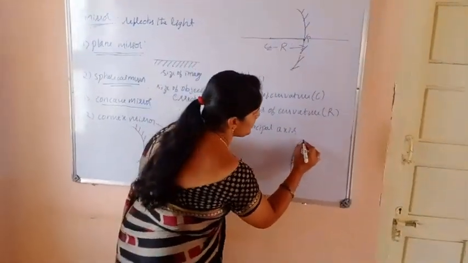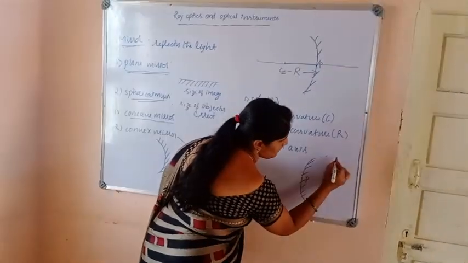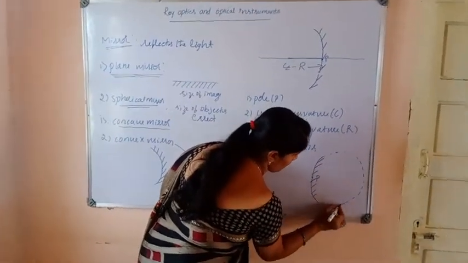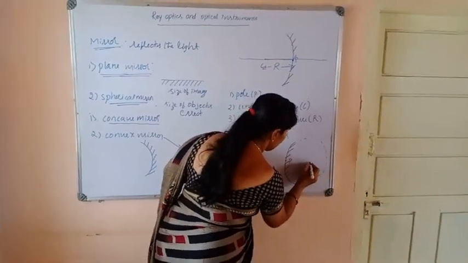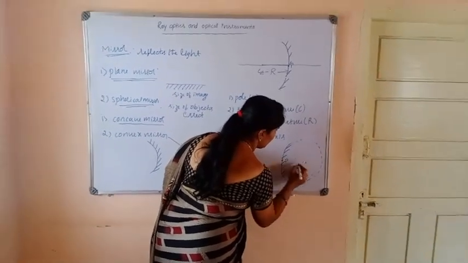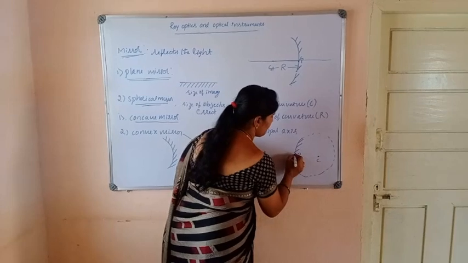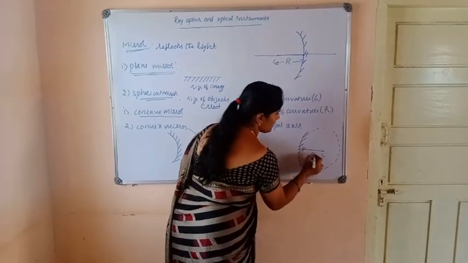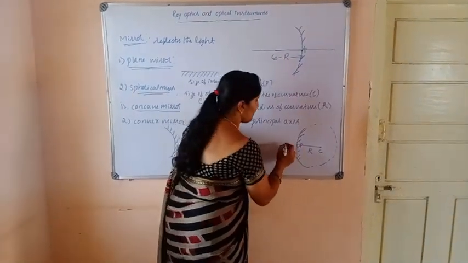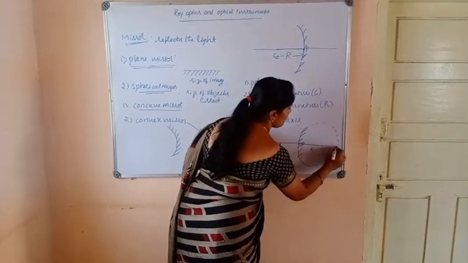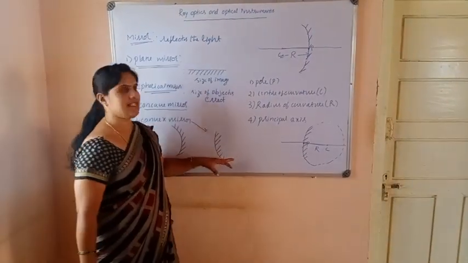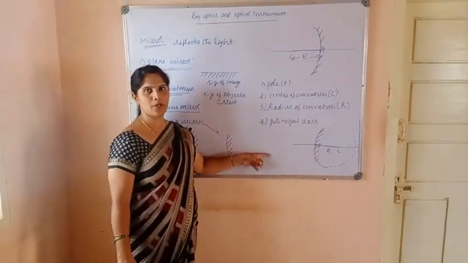Let us imagine a circle here. This central point is the center of curvature, the distance between the pole and center is the radius of curvature, and the line joining the pole and center of curvature is the principal axis. Now it is clear.